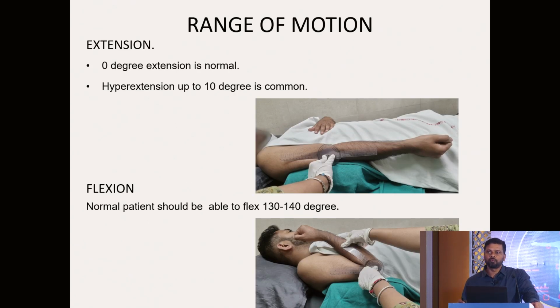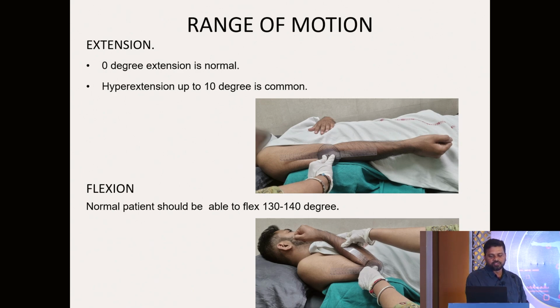The common range of motion in the elbow joint is extension. Usually it is 0 degrees of extension, but up to 10 degrees of hyperextension is normal. Sometimes some patients have hyperlaxity of joints because of laxity of ligaments, so up to 10 degrees we can consider normal.